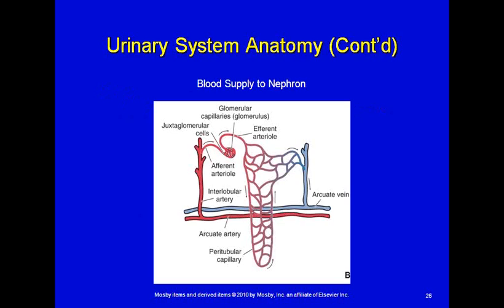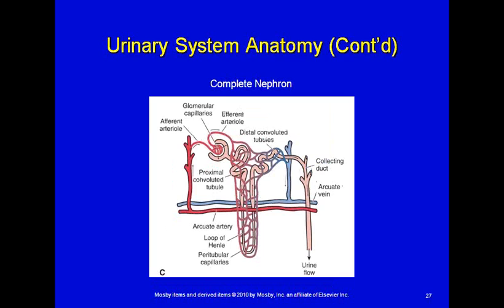So here's the blood supply that matches the structure of the kidney, and you can see the blood supply and then the intricate tubules within the kidneys that selectively reabsorb or excrete water and electrolytes.